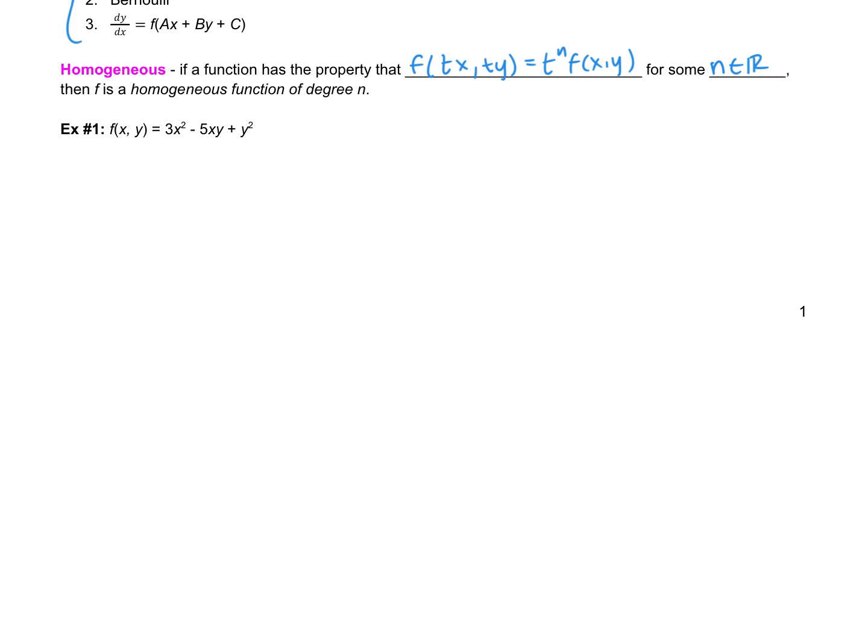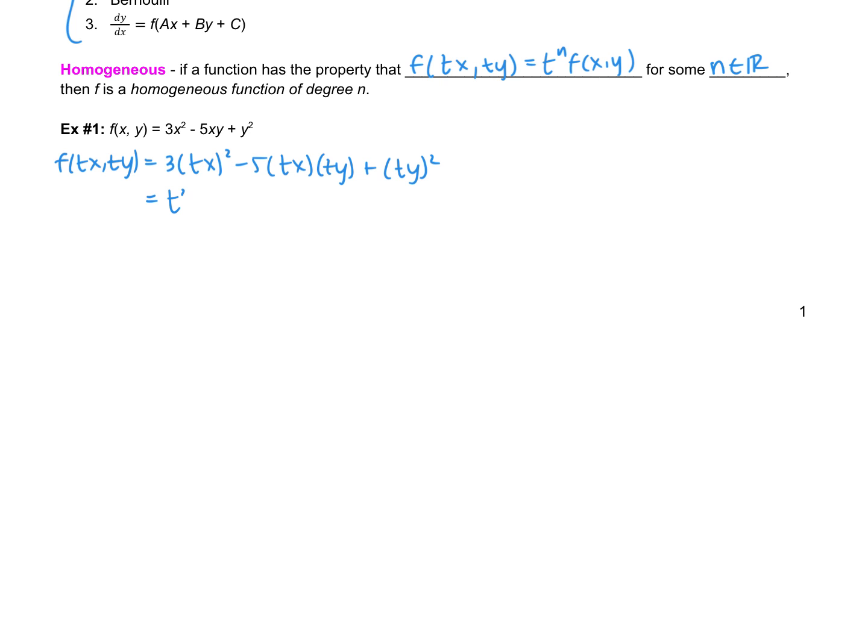First thing we're going to want to know, is this homogeneous? So I'm going to find f of tx and ty, and this is 3(tx) squared, subtract 5(tx)(ty), add (ty) squared.